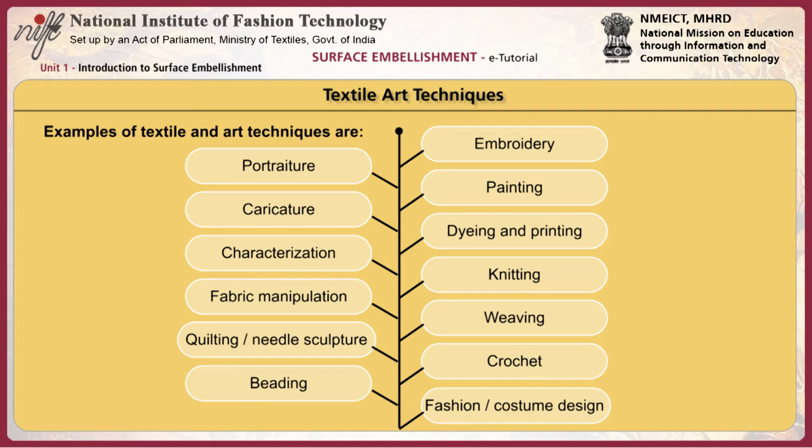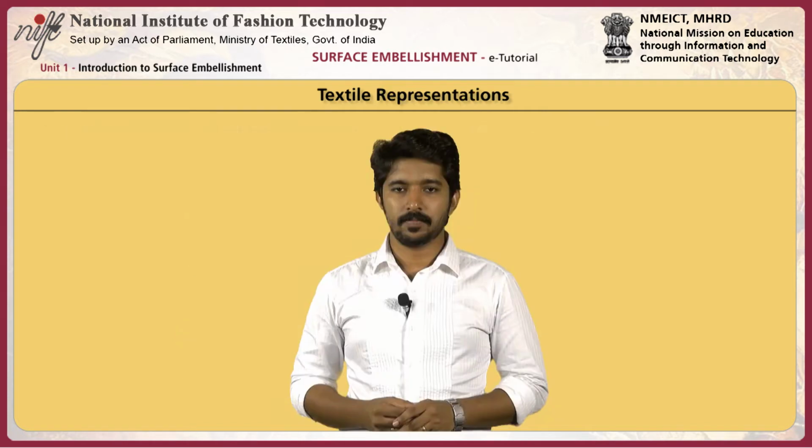Examples of textiles and art techniques are portrait, caricature, characterization, fabric manipulation, quilting or needle sculpture, beading, embroidery, painting, dyeing and printing, knitting, weaving, crochet, fashion or costume design and all sorts of other textile embellishments.